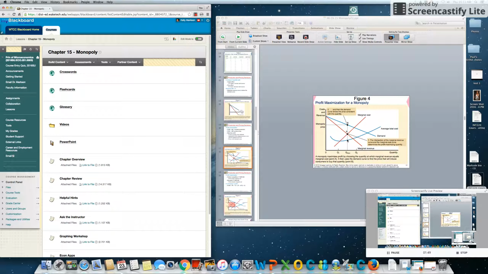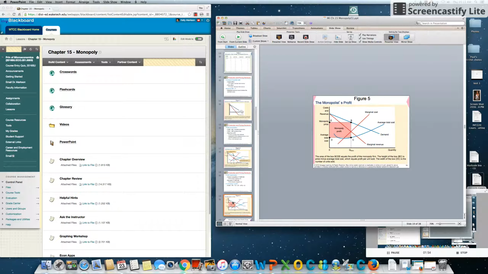How do we tell the difference between monopoly profit? Let me just click on that. So we know where we find our maximum output: where marginal revenue equals marginal cost. That gives us the quantity.